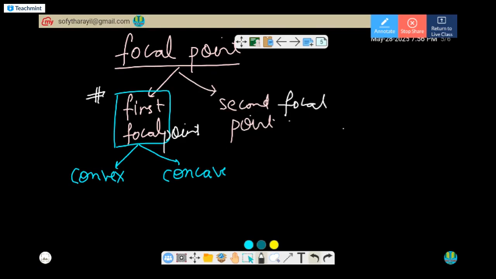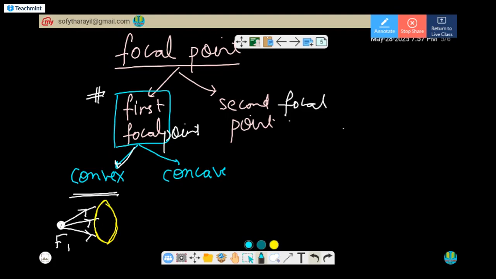For a convex lens, how should you consider the first focal point? These are the points from where the light is going to come out. F1 I'm writing because we are considering focal point 1. So for convex, light will come out from this point. After it hits the lens, here you have your convex lens, and it passes through, there will be a refraction.